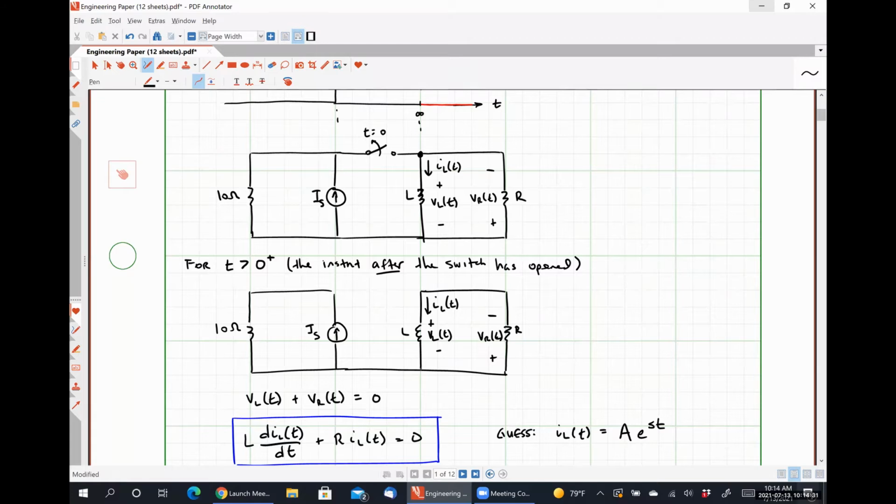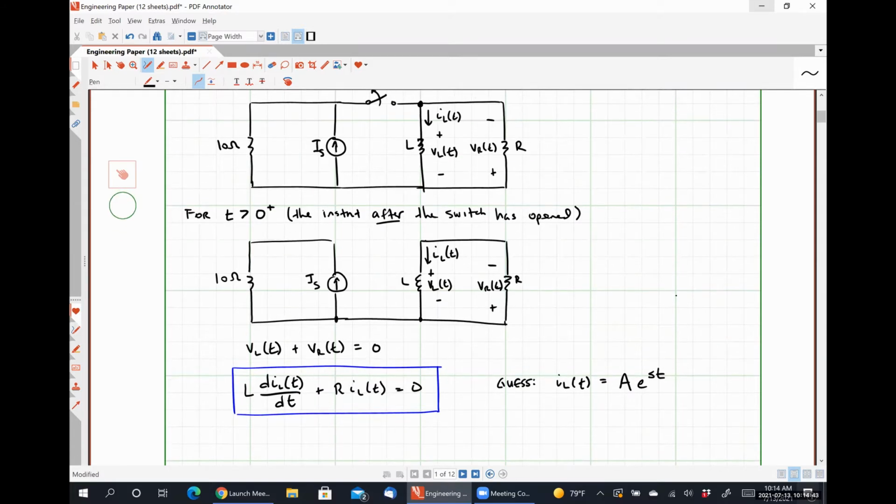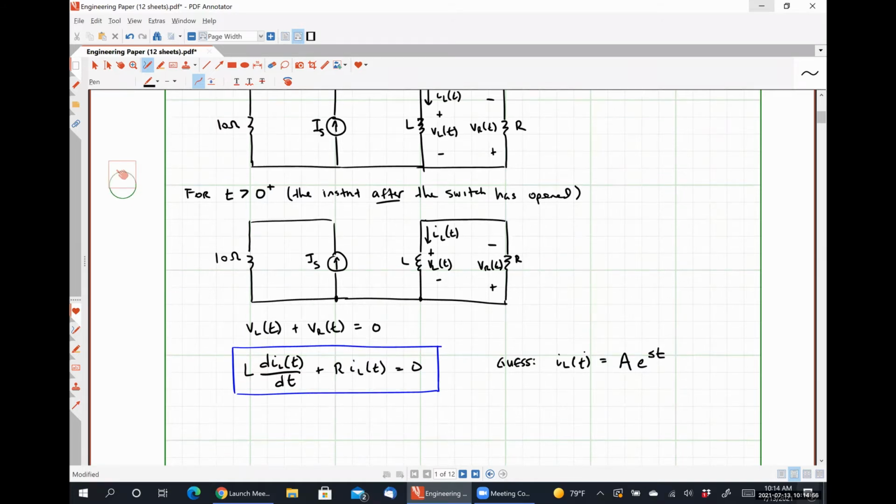So when that switch is opened up, it creates an open circuit disconnecting the independent current source from influencing the behavior of what's going on with that inductor L and that resistor R. So under those specific conditions during the transient after the switch has opened up, if we apply Kirchhoff's voltage law around this loop, we will come up with this first order differential equation.